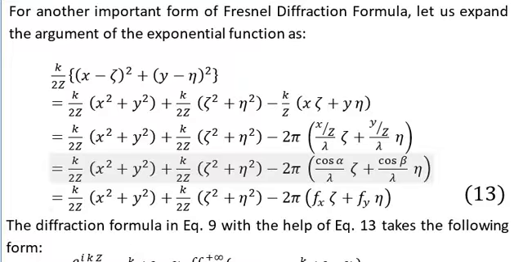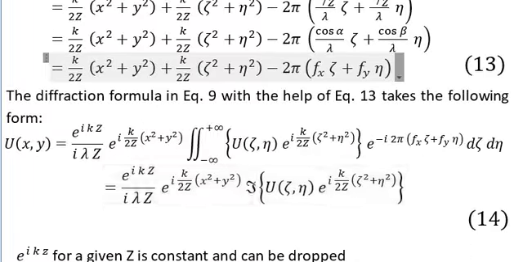So cos of alpha over lambda is equal to fx, that is the x component of the Fourier frequency, and similarly cos beta over lambda is fy, which is the Fourier parameter in the y representation. So the diffraction formula, equation number 9, with the help of equation number 13, takes the following form.